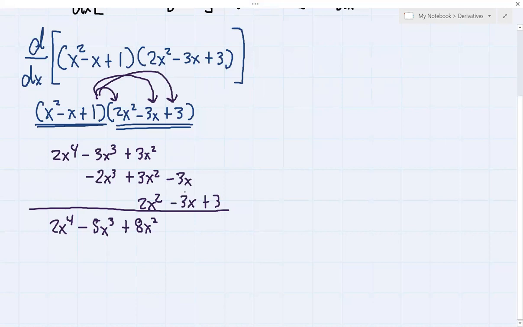Tapos next, combine natin si negative 3x at saka si negative 3x. So negative 3x minus 3x ay negative 6x. And we have 3, siya lang mag-isa, so we will bring it down. That's it. Yan na yung expanded form niya. 2x raised to 4 minus 5x cubed plus 8x squared minus 6x plus 3.